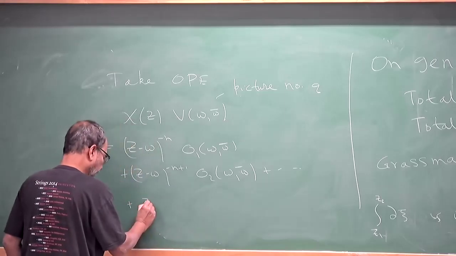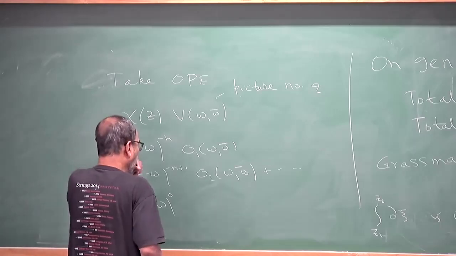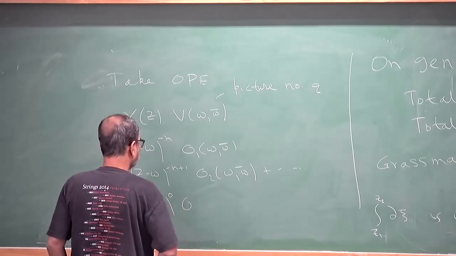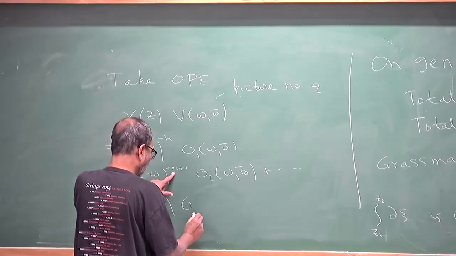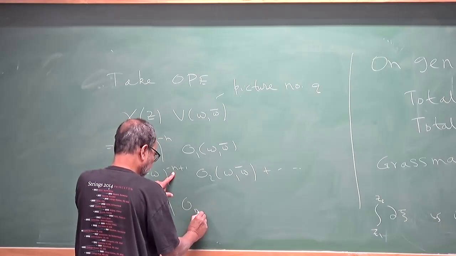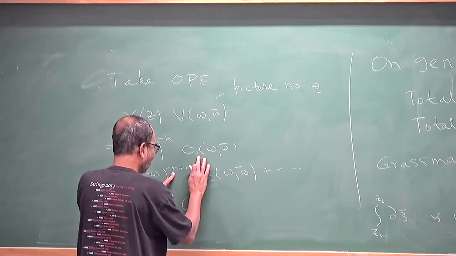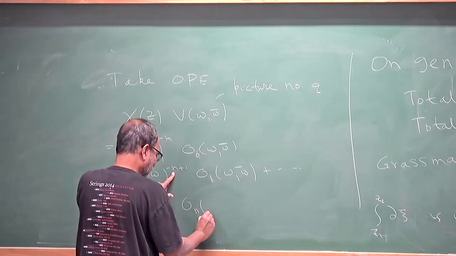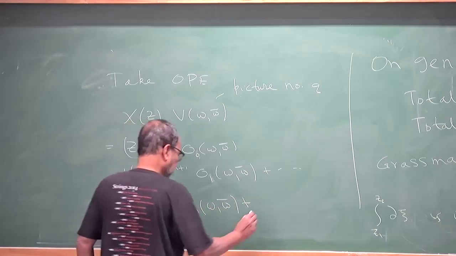And then there is a term (Z minus W) to the 0, let me call this O0, O0, 1, ON of W bar, plus higher order terms.